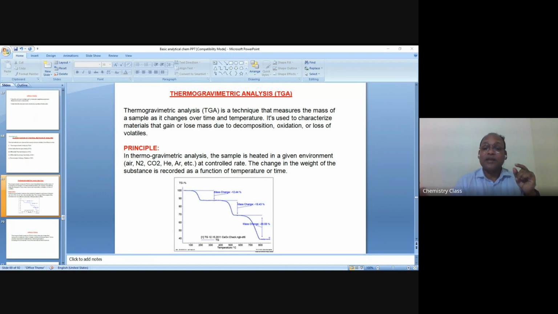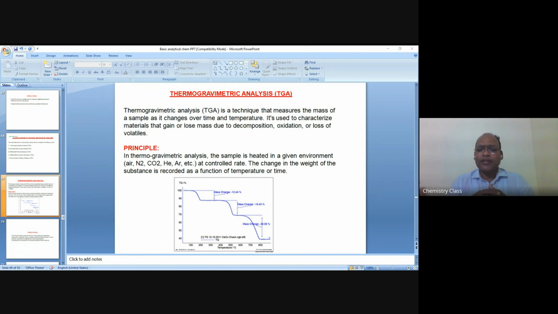If we apply the same principle, what will happen? The mass of a sample changes over time and temperature; as time passes, the mass will decrease. Suppose I put some water in an open container and keep it outside.